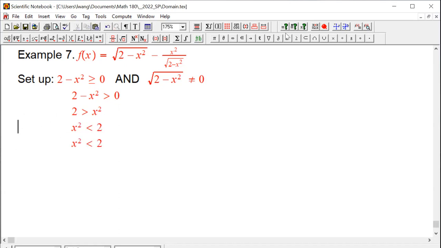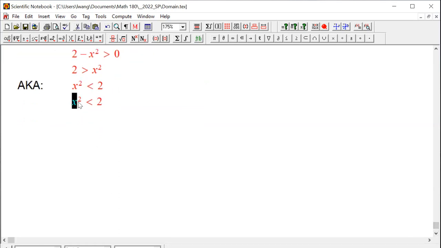I'm going to call this AKA, also known as, optional. So we're going to take square root, and don't forget, this is absolute value, less than square root of 2.